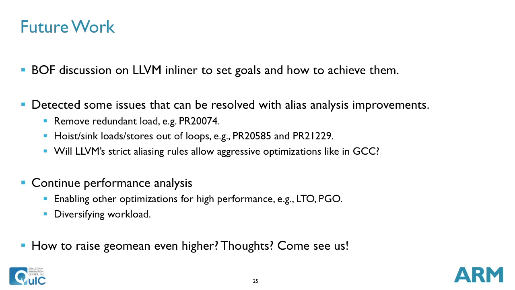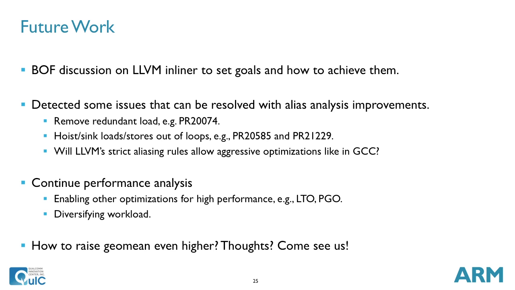We need help from the community to close those bugs and see how much more we can get out of alias analysis improvements. Another experiment we ran: when you turn on the GCC strict aliasing rules, we see a 3% geomean speedup on SPEC.